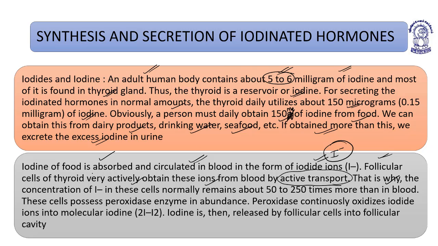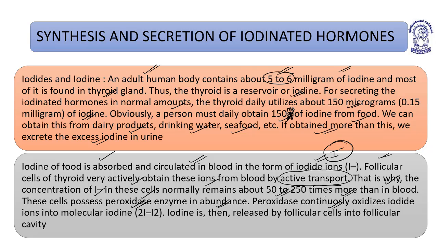That is why the concentration of iodide ions in these cells normally remains about 50 to 250 times higher than in blood. Obviously, they are absorbing more and more iodide ions from blood, so the concentration will automatically be high. These cells possess peroxidase enzyme in abundance.